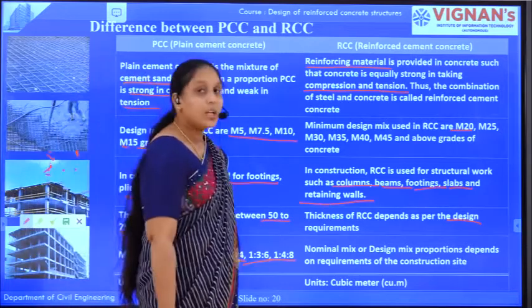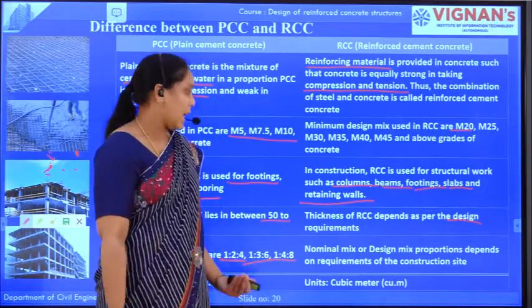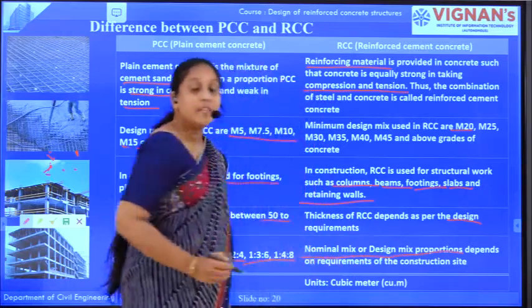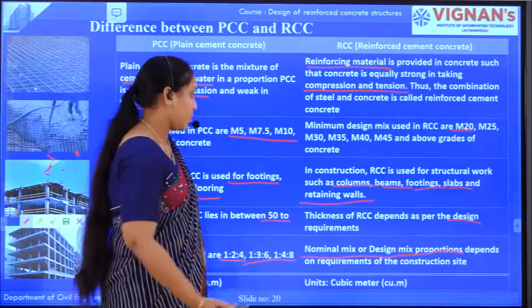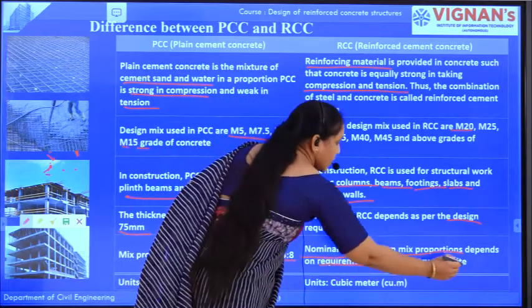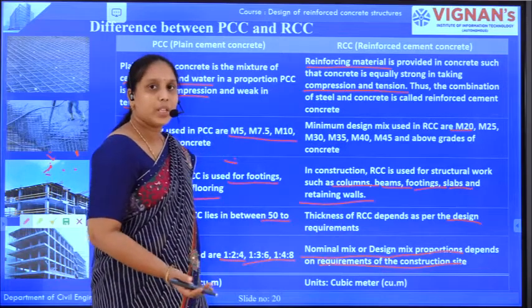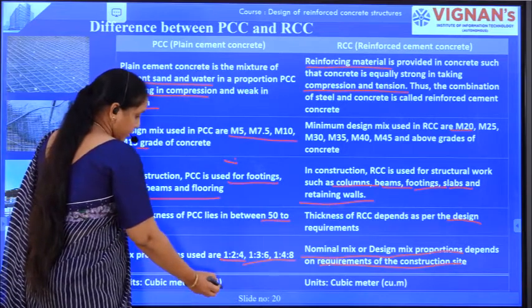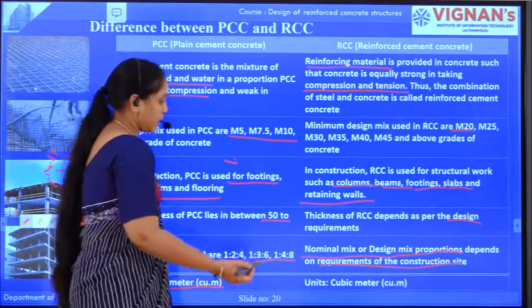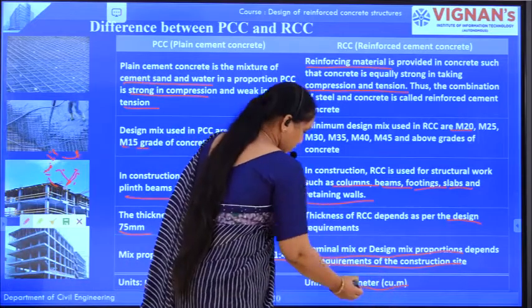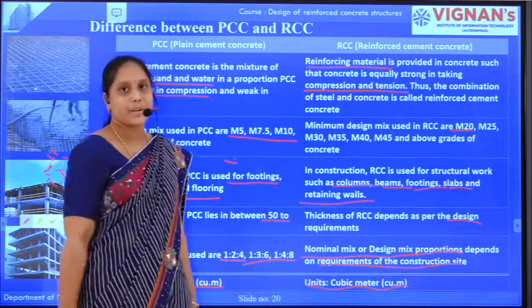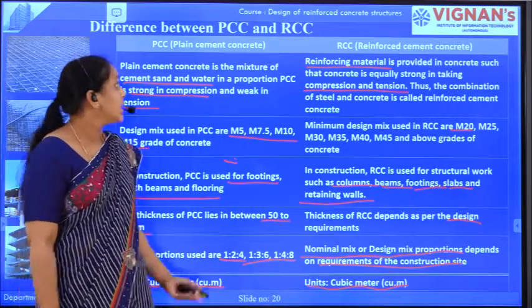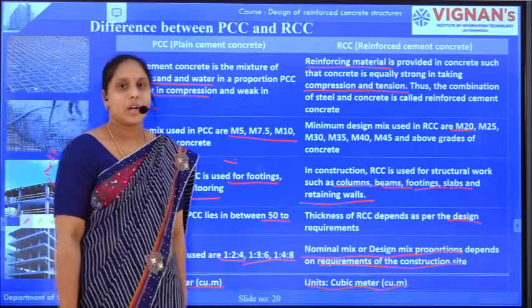But in RCC the nominal mix or design mix proportions are taken based on the requirements of the construction. The unit for PCC is cubic meter, and for RCC also it is cubic meter. So these are the differences between PCC and RCC.